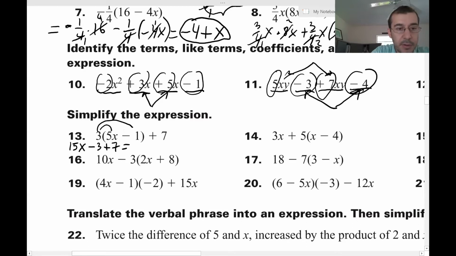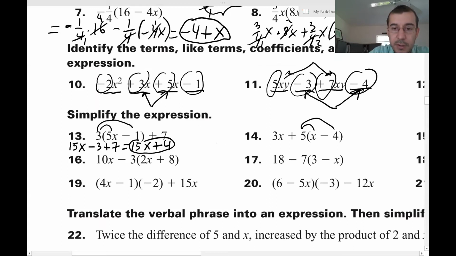So this is 15x and plus 4, right? We are adding up minus 3 plus 7. 7 is greater than 3, so plus the sign before the 7, and 7 minus 3 is 4. So 15x plus 4.